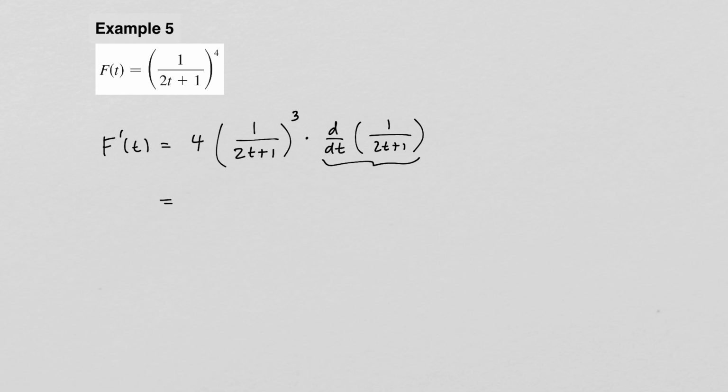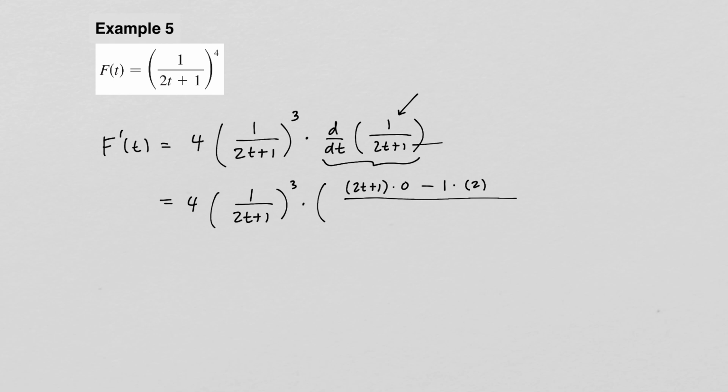The way I'm going to do this derivative here is by using the quotient rule. And so this becomes, first part, multiplied by, the quotient rule says you take the bottom function, multiplied by the derivative of the top, derivative of 1 is 0, minus the top function, which is 1, multiplied by the derivative of the bottom function, the derivative of 2t plus 1 is 2, and then divided by the bottom function squared.